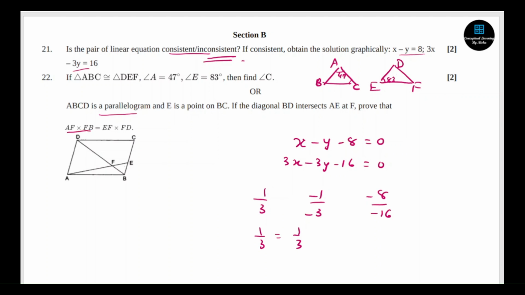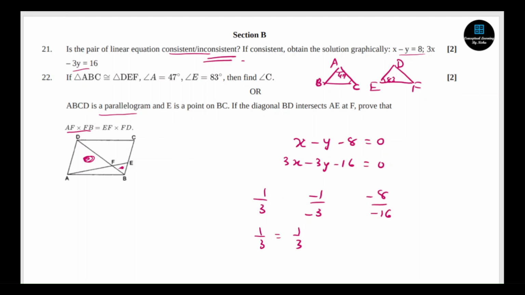AF into FB equals EF into FD. Alright. So, if I try to prove that this triangle is similar to this triangle, then I can easily prove this. Now, how to prove these two triangles are similar?